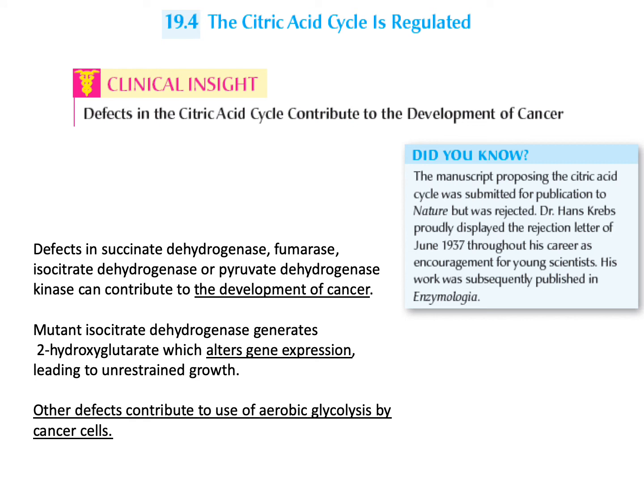A mutant isocitrate dehydrogenase can alter gene expression. Other defects contribute to the use of aerobic glycolysis by cancer cells.